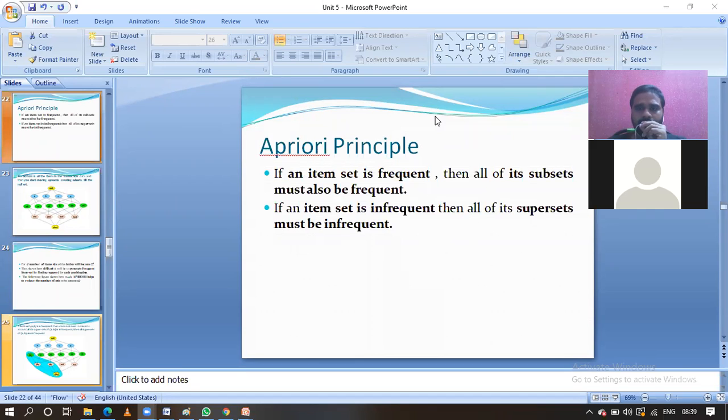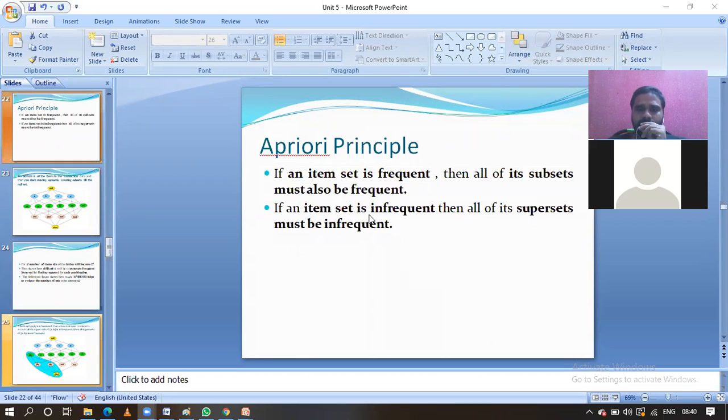Before discussing the Apriori algorithm, first you have to know the principles related to it. Based on these principles, the Apriori algorithm works. There are two principles in the Apriori principle. The first one is: if an item set is frequent, then all its subsets must also be frequent.